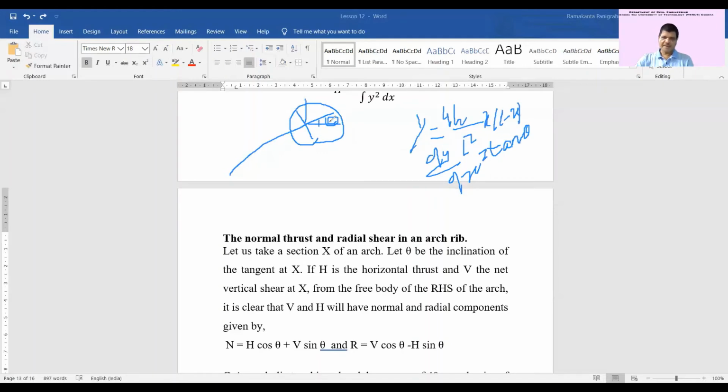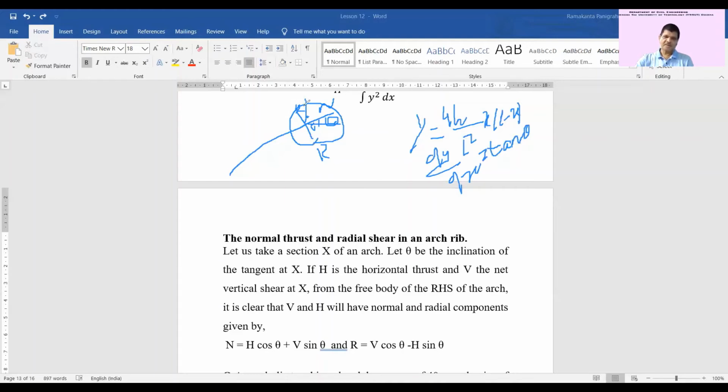If you take h and v in these directions, you will find h cos theta plus v sin theta is equal to your normal thrust. And there will be a radial shear here along the radius. The radial shear component of v will be v cos theta, and this will be minus h sin theta.